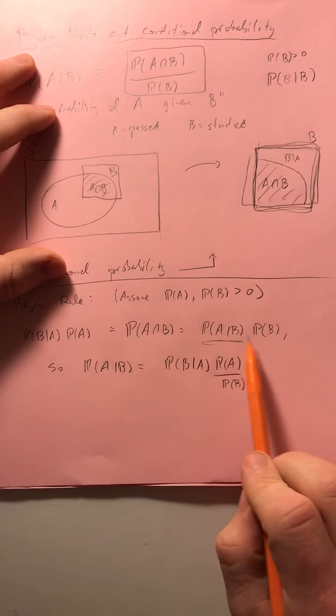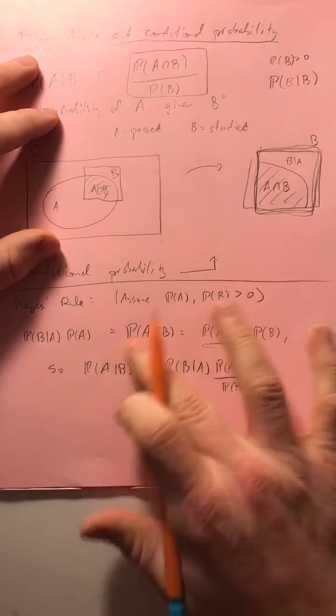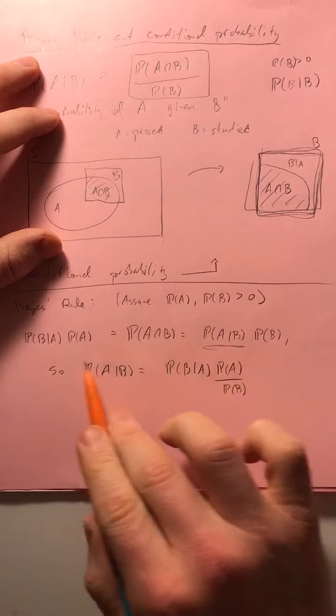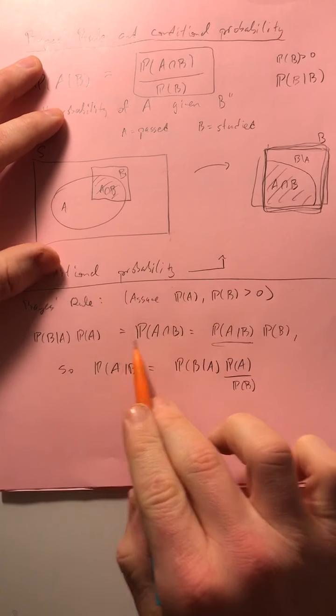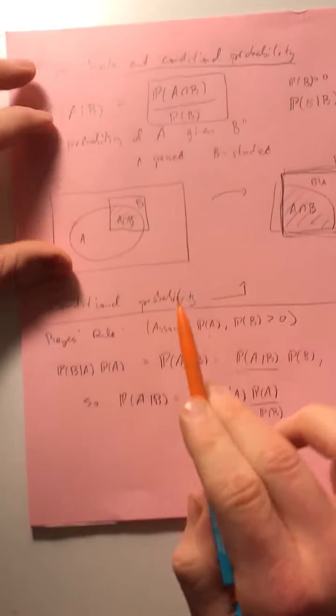This is a very nice interpretation in terms of stage 1, stage 2. Well, there's a symmetry here. The probability of B given A times the probability of A is also this. Just go up here, reverse all the A's and B's, and you get this.